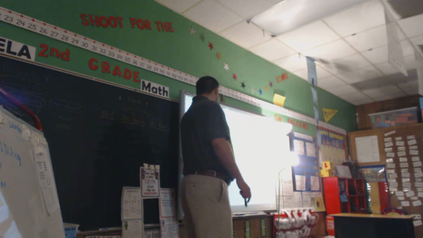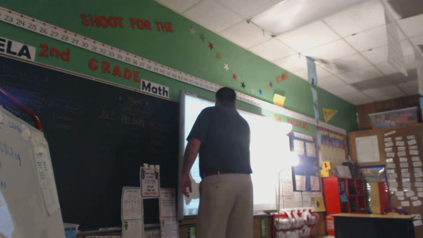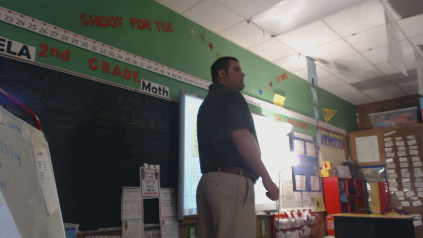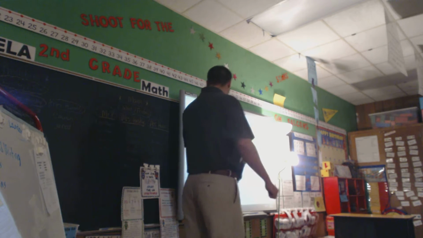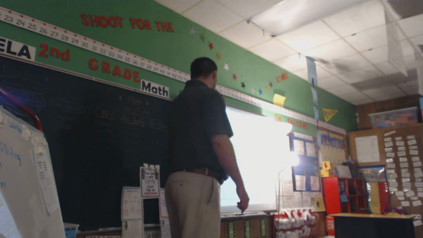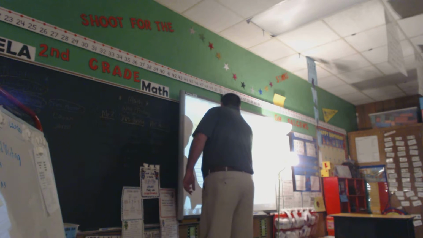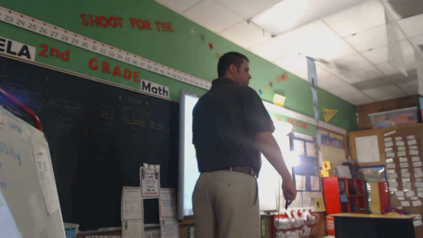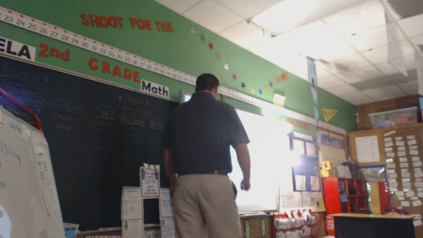Hayden had how many? 2. Ian, I want you to have your voice off for a second, okay? Landon, how many did Luke have? 8. Very good. And Sarah had 4. Very good.